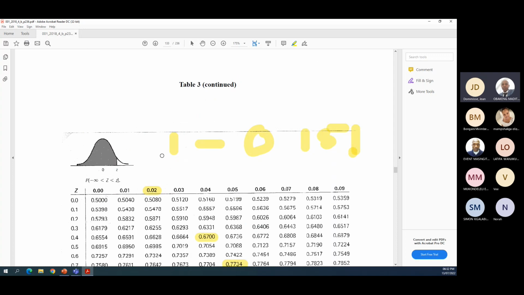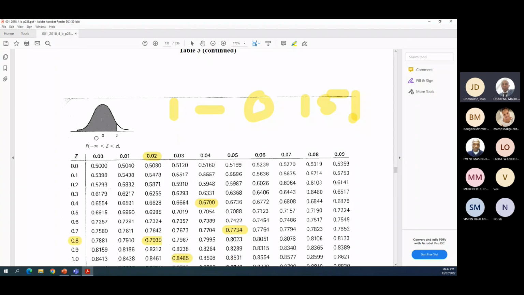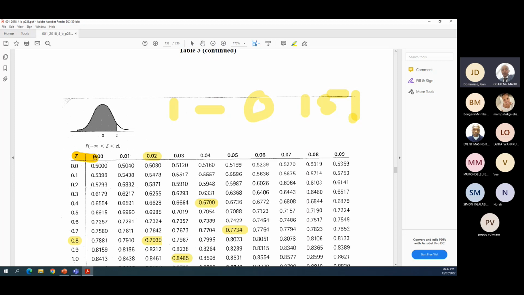So again, if I go to this Z table, I would go to 0.03. So if we go to Z 0.03, we basically are looking at 0.5120.